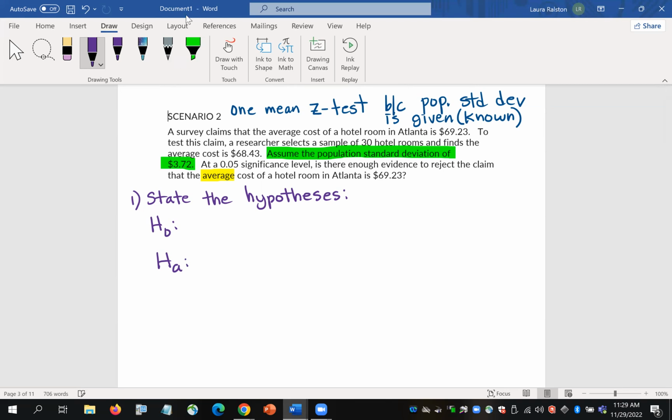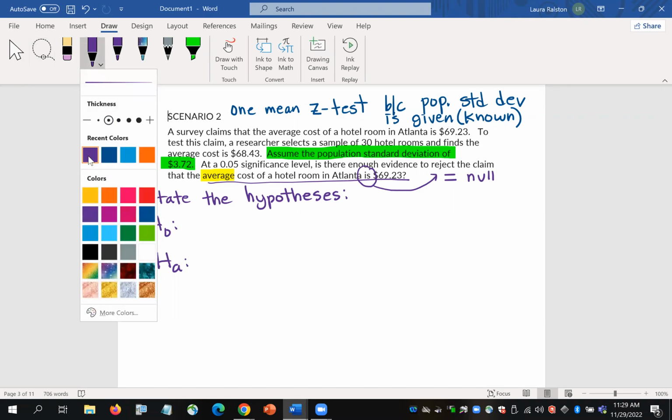Okay, so the last sentence says test the claim that the average cost of a hotel room in Atlanta is. So I see the word is, and mathematically the word is makes me think of equal. So that means that statement is the null, because remember, the null hypothesis always and forever contains equal in some form.